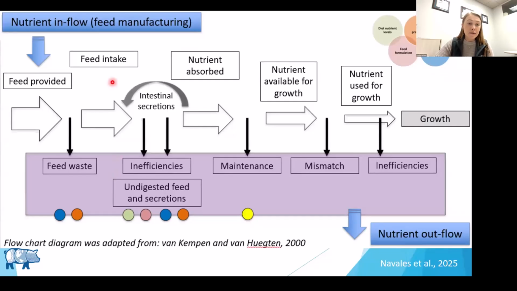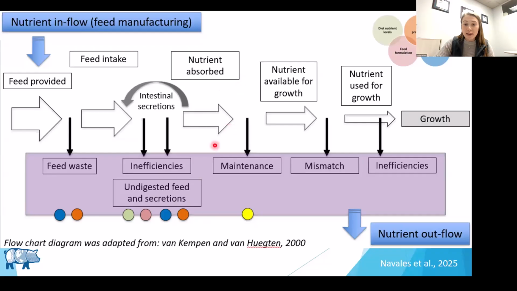Additionally, taking it a step further, we have that feed intake. And then when the pig consumes the feed, some of those nutrients are going to be absorbed. However, even though they're absorbed nutrients, we do have some inefficiencies where things are undigested or we have some secretions. And so we also have aspects that affect that part of the overall flow diagram, such as diet nutrient levels, feed formulation, feed processing.